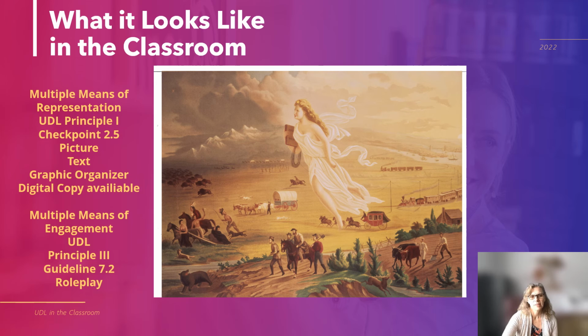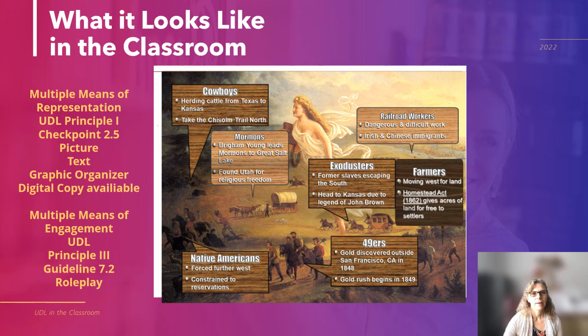While each group was acting it out, the other students were filling out the speech bubbles on the graphic organizer with information from the scene. At the end, they had to come up with a class definition of manifest destiny, and we filled in all the bubbles as they went along.